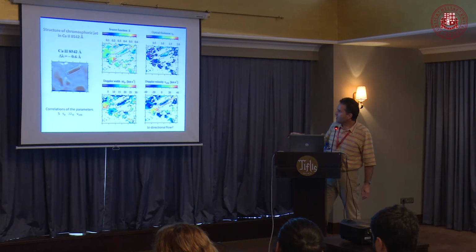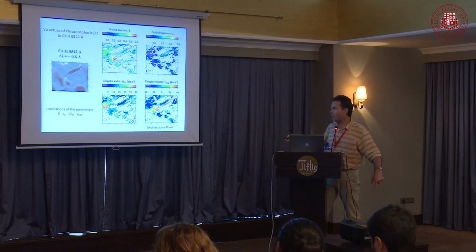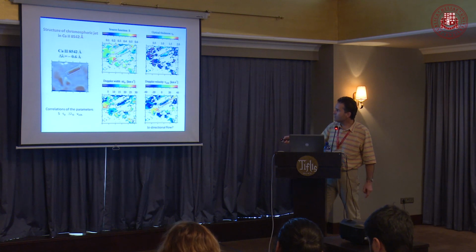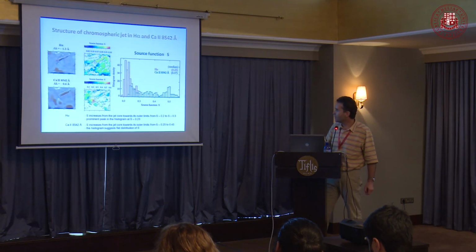In the case of the Doppler velocity, we found a clear signature of fast downward Doppler velocity at the boundary. Maybe we could think that we observe a bidirectional flow occurring within this structure. At the same time, we see slightly increased Doppler width occurring at the same place.